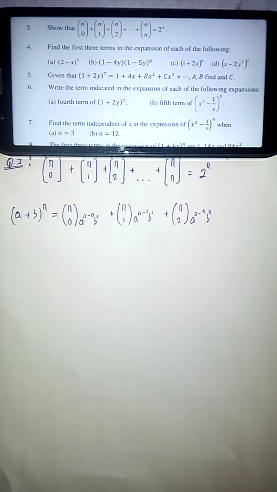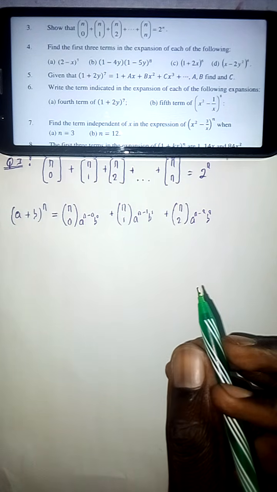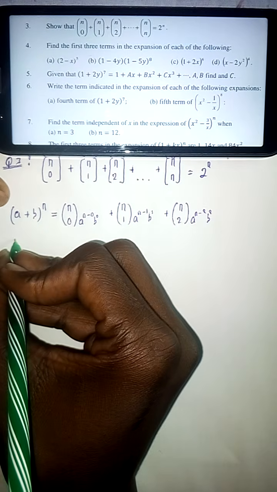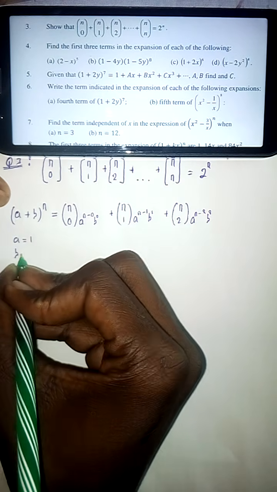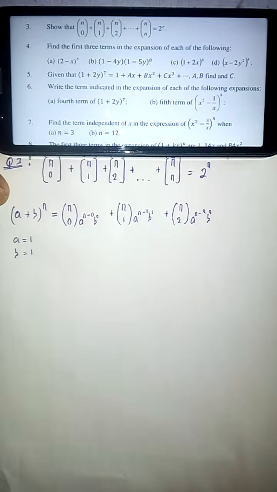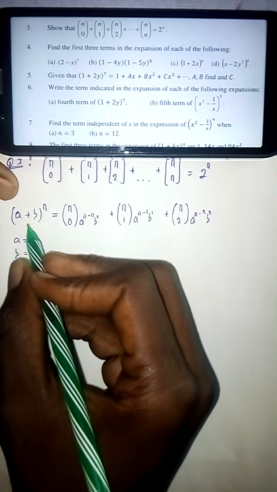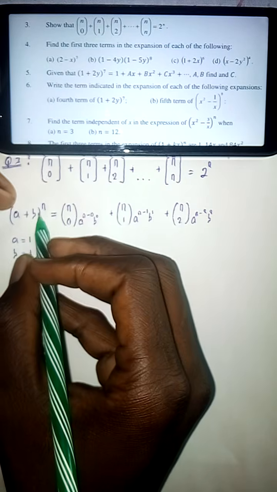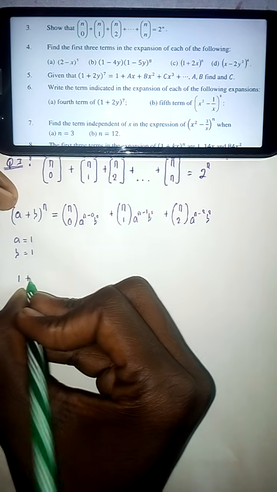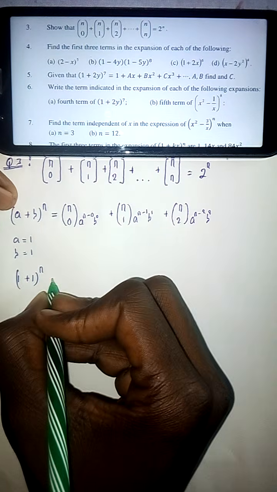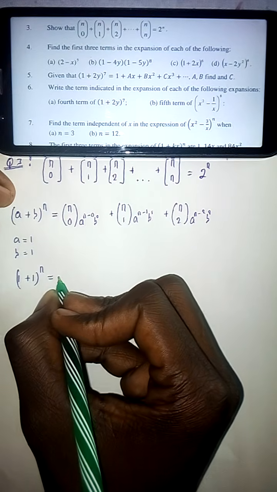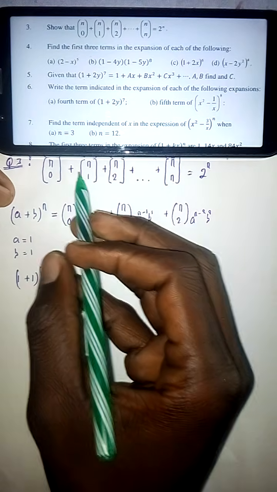All right, guys, since we are proving, we are going to take a as 1 and b as 1. Therefore our a will be 1, our b 1, then we've got our n there, being equal to what? We ignore these parts and do the same.